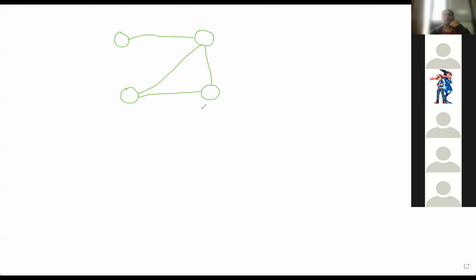While I'm drawing it, you can get how the spanning tree will be there.